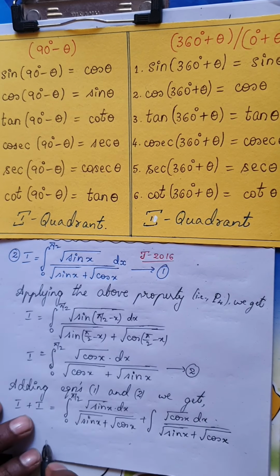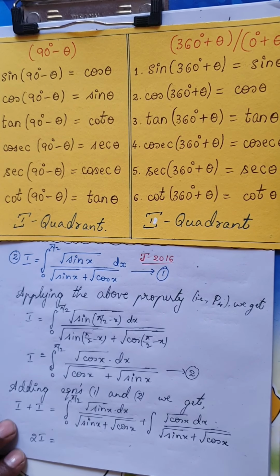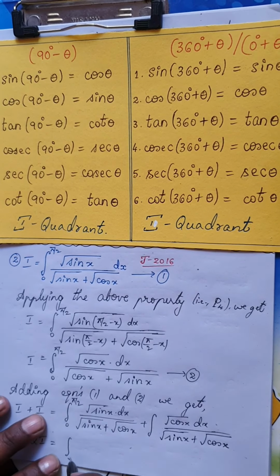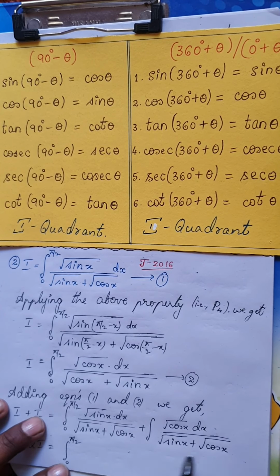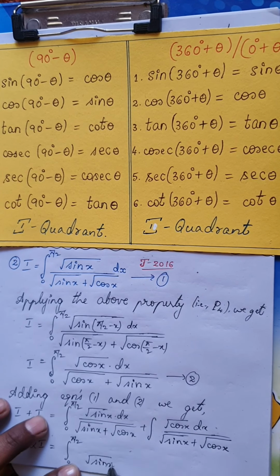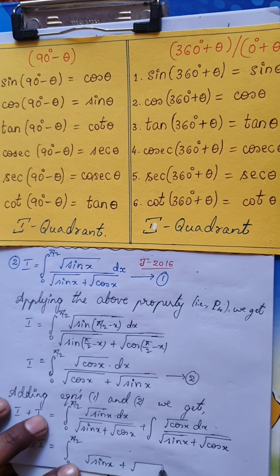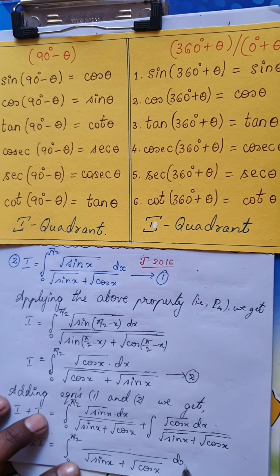Now, you can look here, I plus I can be written as 2I. This is nothing but the integral from 0 to pi by 2. Now, you can see here the denominator for both the integrals is the same, so I get the denominator as root sin x plus root of cos x, integrated with respect to x.